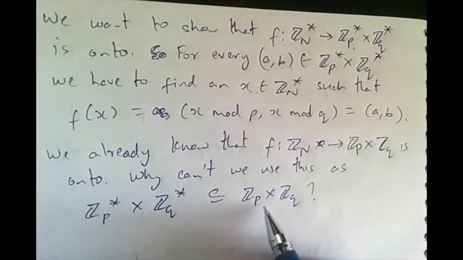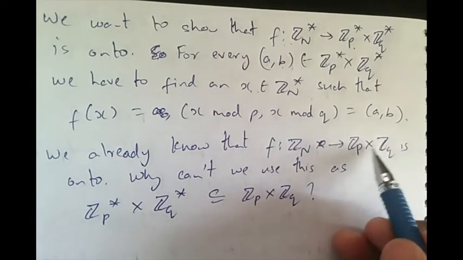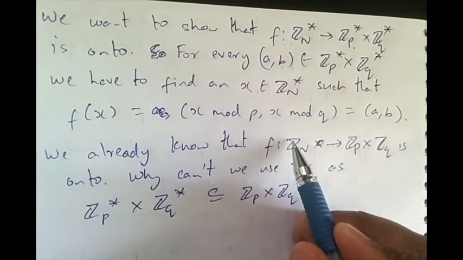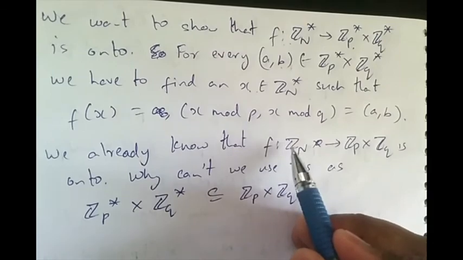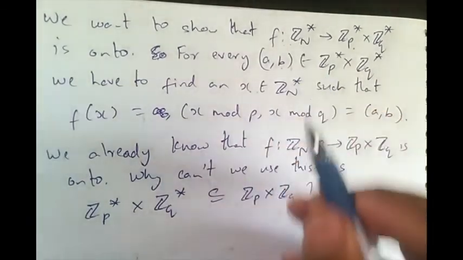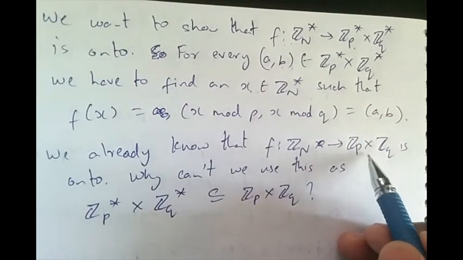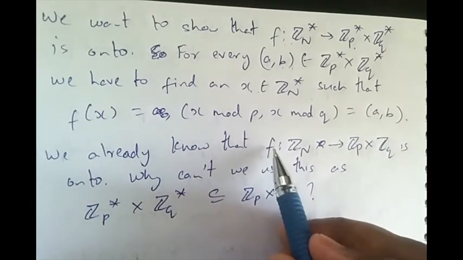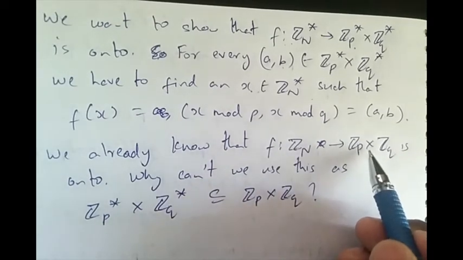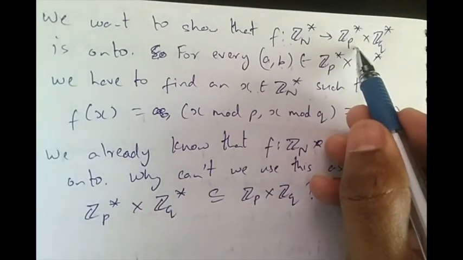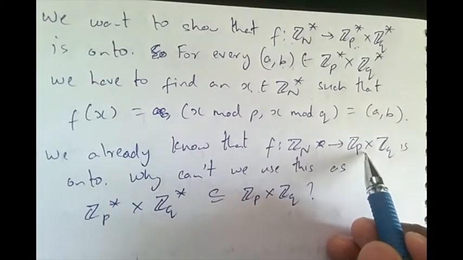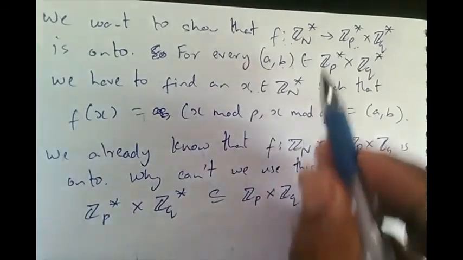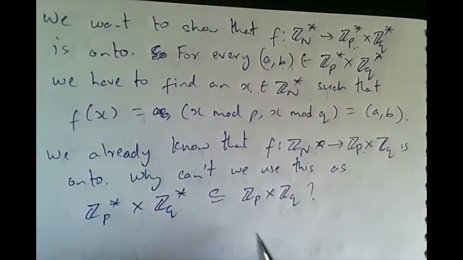The thing is that this is onto. So for any ordered pair in this, there will be a pre-image, but there is no guarantee that that pre-image will fall in Zn star, because Zn star is a subset of Zn. It could happen that if I take some element here, that element also belongs to this, so it should have a pre-image. But what if that pre-image falls outside Zn star?